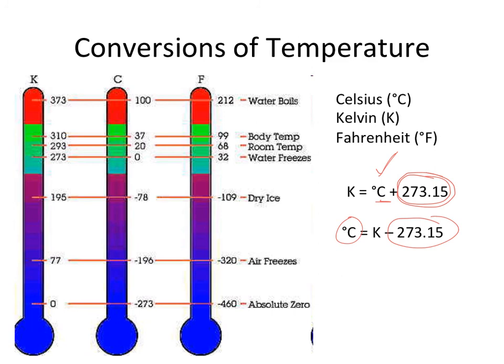Now, the other thing I want to mention here is that the digits to the right of the decimal, since we are doing subtraction and addition here, are going to be determined by the temperature that you have measured. The 273.15, obviously they could express that to way more digits past the decimal, but whatever you get for your Celsius measurement in lab, that's the precision that you want to focus on, so just make sure that you are paying attention to that little detail.